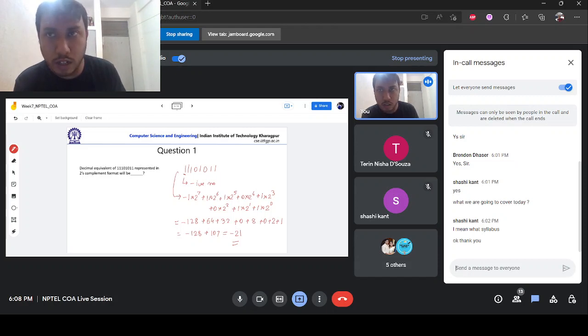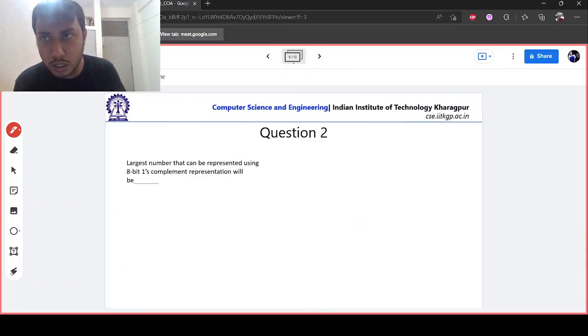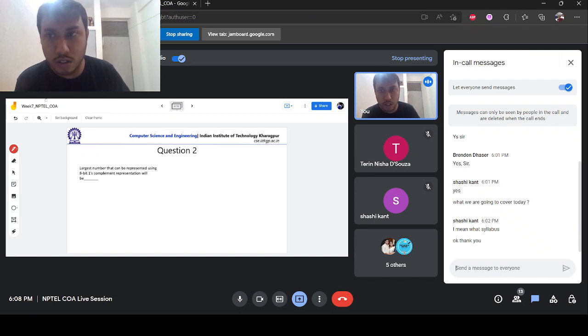Okay, so let's go to the next one. The question is: what is the largest number that can be represented using an 8-bit ones complement representation?